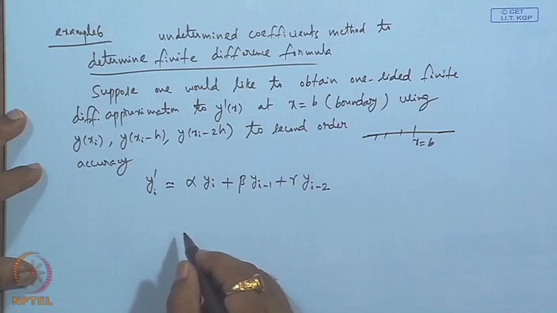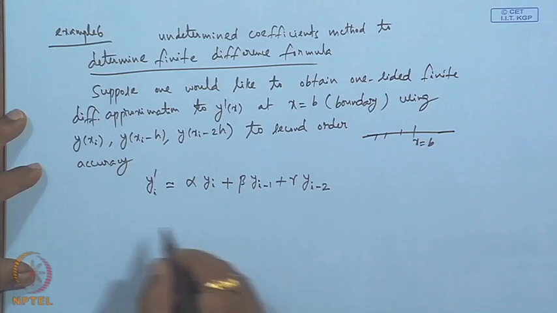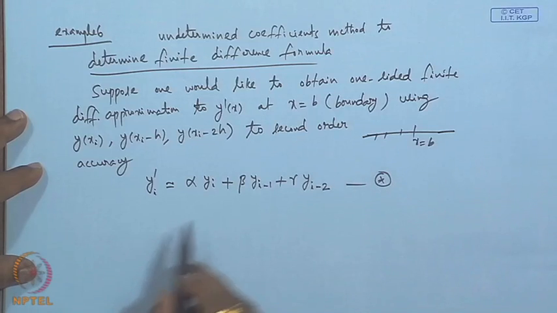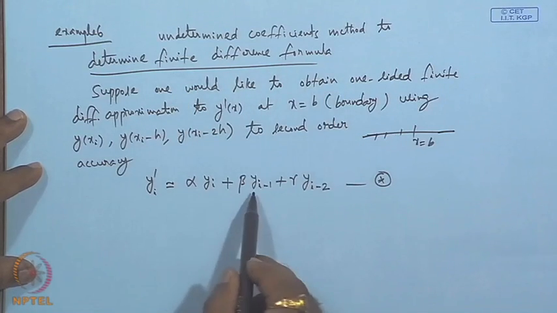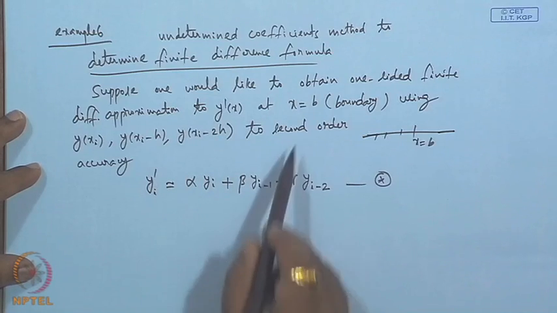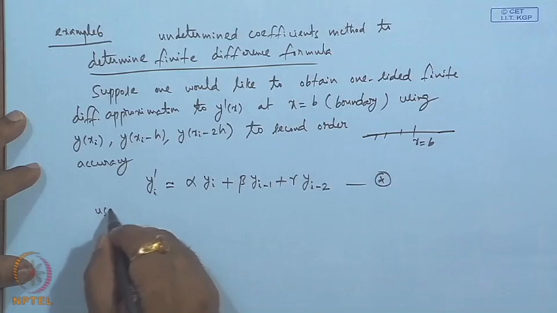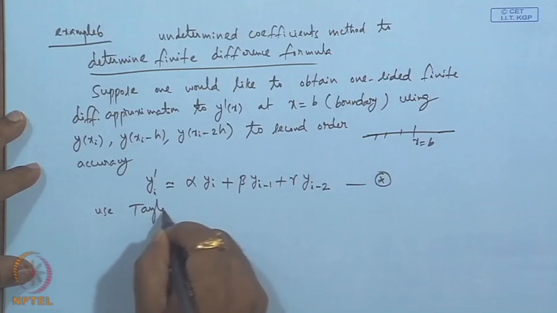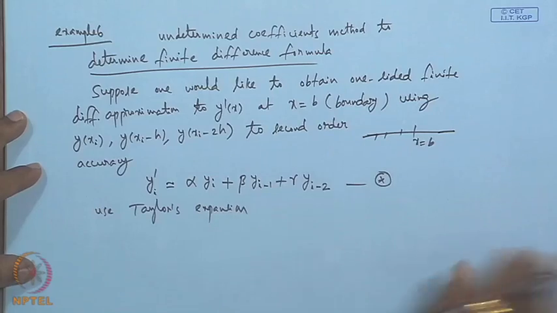Okay. Right. So, we have to now determine undetermined coefficients. So, we have to determine the coefficients such that this approximation is second order. So, what do we do? Use Taylor's expansion. Okay.